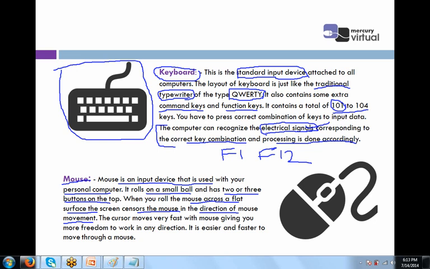The cursor moves very fast with the mouse, giving you more freedom to work in any direction. It is easier and faster to move with a mouse, which means it is a very efficient and better manner of working. But there are different categories of mouse also, and I will tell you about those within 2-3 days.